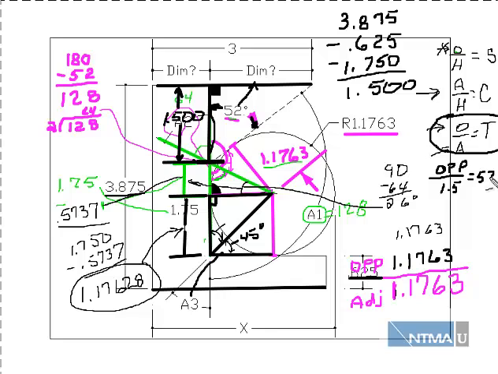So all you got to do, this is the tangent, okay? Opposite over adjacent equals tangent, just like what we have here. Let's go ahead and do the math. First thing you want to do, take 52, plug that in, hit your tangent key. You're going to come up with 1.27994.